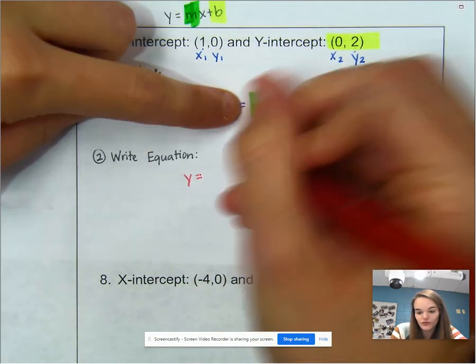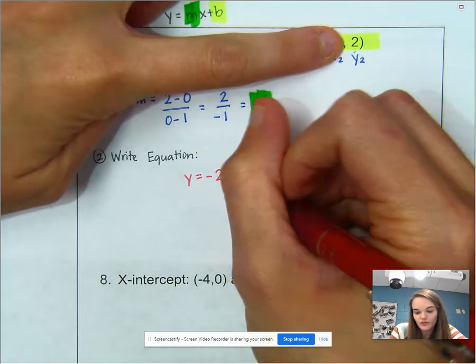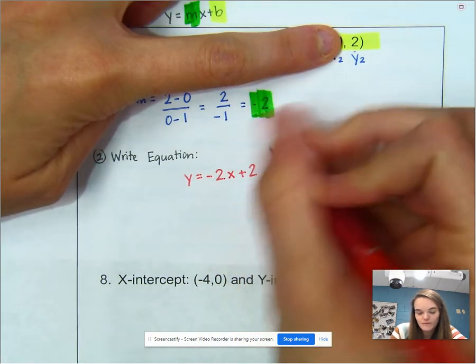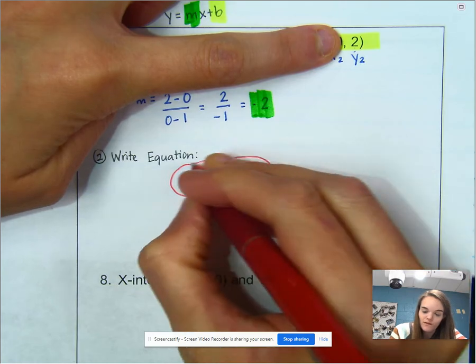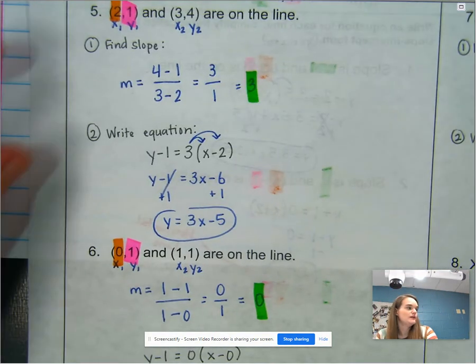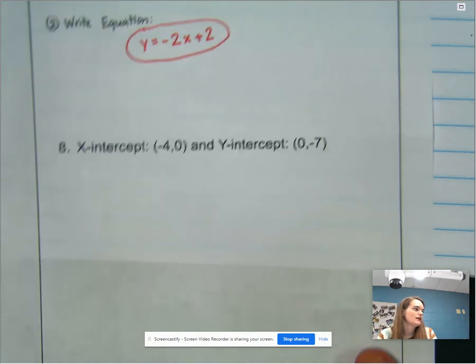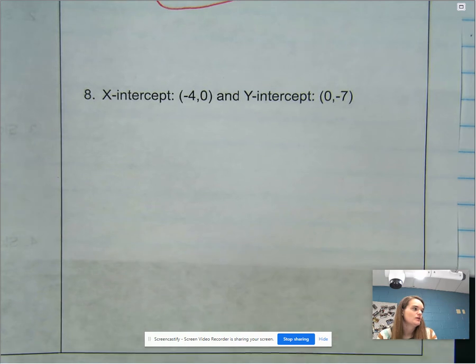Y equals the slope with an x plus 2. So if I'm given the intercept, I can do it that way. Now, I can still do it the other way if you don't understand this way. It just is more steps. All right, last one. Pause this to try number 8 on your own.